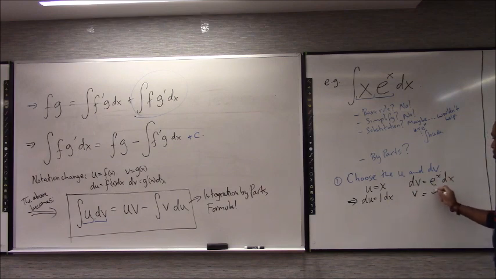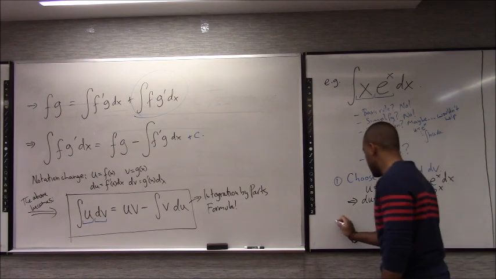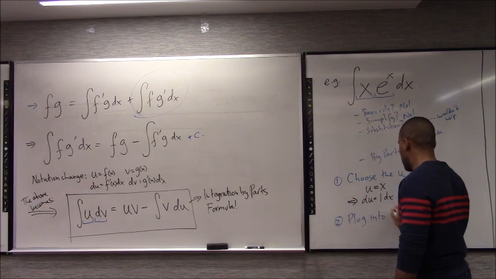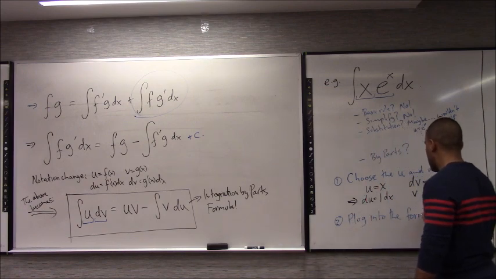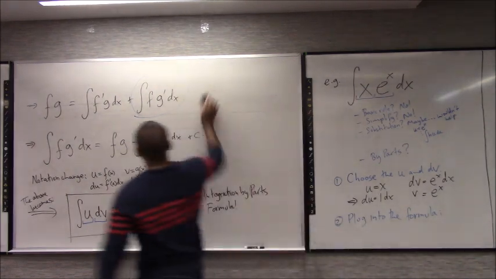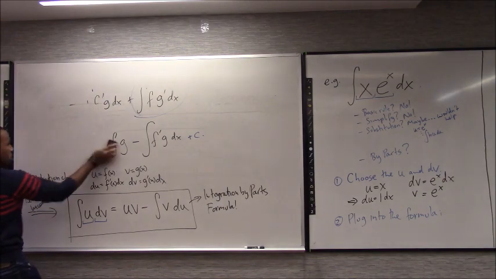The integral of e to the x, well, that's just e to the x. And step two, plug into the formula. So in this case, how would this look?